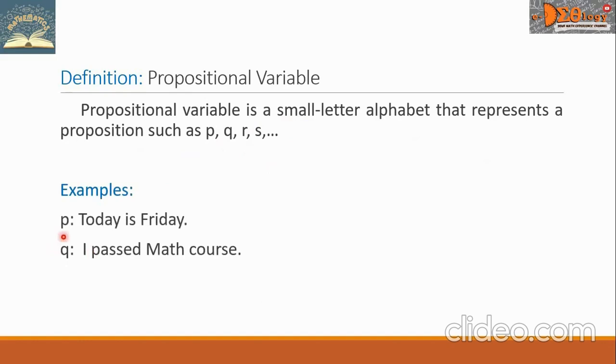We assign P to the proposition today is Friday. So we write it like this: P colon today is Friday. Another example is the proposition I passed math course. We assign the letter Q for the proposition. So it is written here Q colon I passed math course.